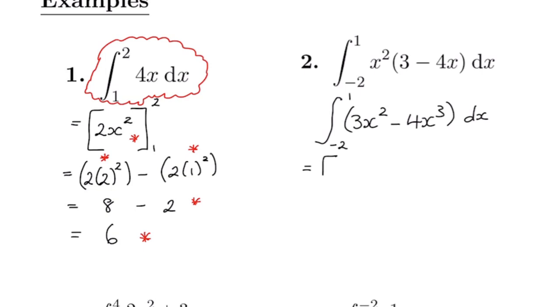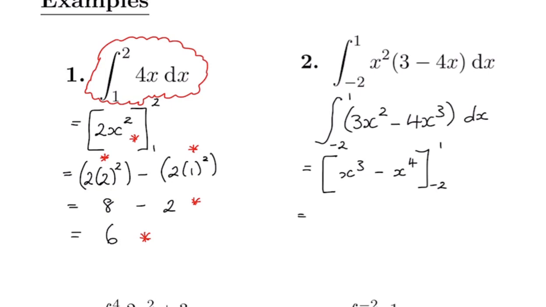Now I can integrate, so I go into my square brackets. I integrate 3x squared, which is going to give me 3x to the power 3 over 3, which is x cubed, minus 4x cubed will become 4x to the power 4 over 4, which is x to the power 4, between the limits of -2 and 1.